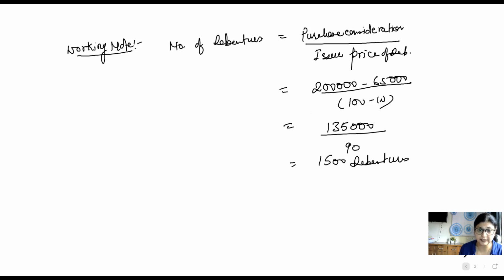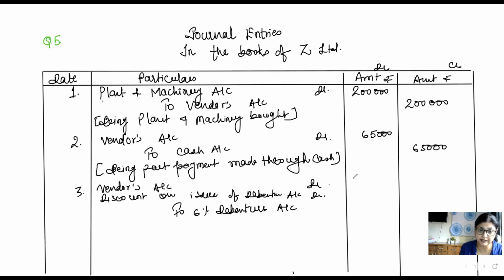So let us fill these figures in the last entry. Vendor will be debited with 1,35,000 and discount on issue of debenture is 1500 multiplied by 10, so this is going to be 15,000. I'll just write how this figure came: 1500 multiplied by 10, where 1500 is the number of debentures and rupees 10 is the discount on debenture.